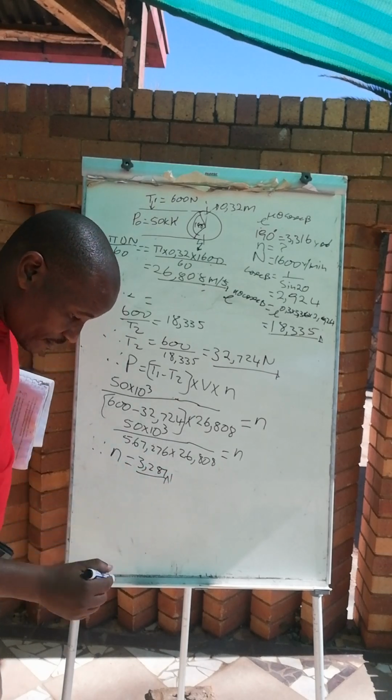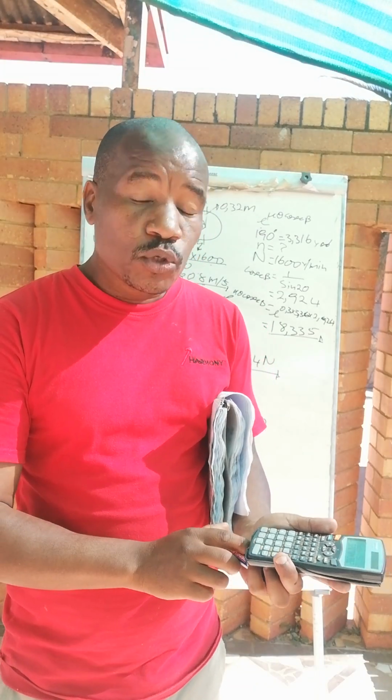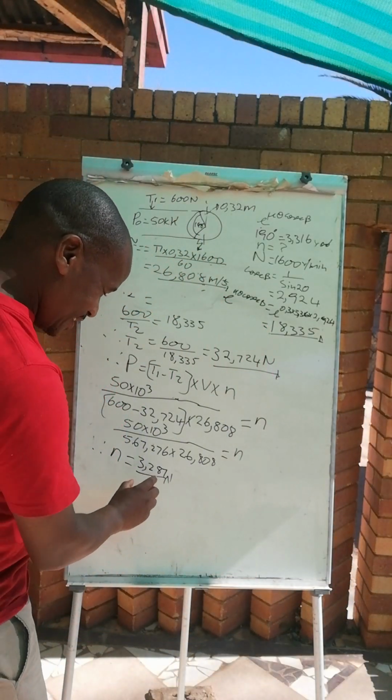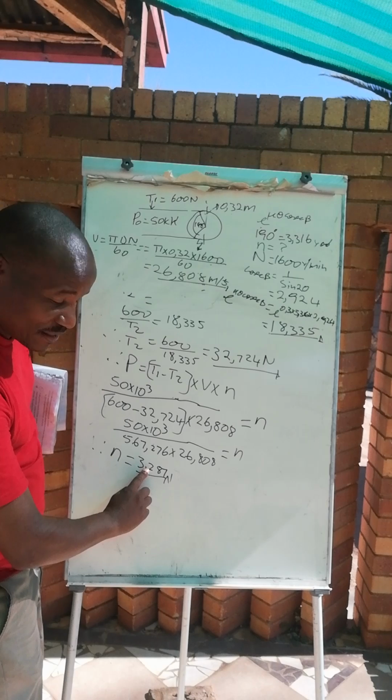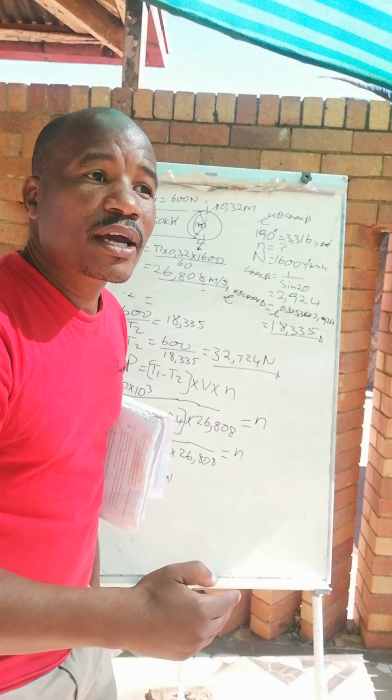Now, after getting this, if you were requested to calculate the number of belts, you don't mathematically say this is less than 5, therefore it's just 3. If it's 3.123, you can't use 3.5 belts. You round them to the next value.